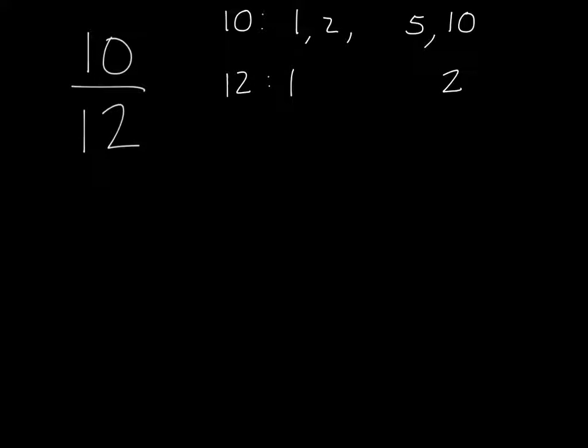I'm going to start with 1 and 12, 2 and 6, and then I also have 3 and 4. Now, if I look at these two sets of factors, I need to figure out which factors these two numbers have in common? And the correct answer would be 2.